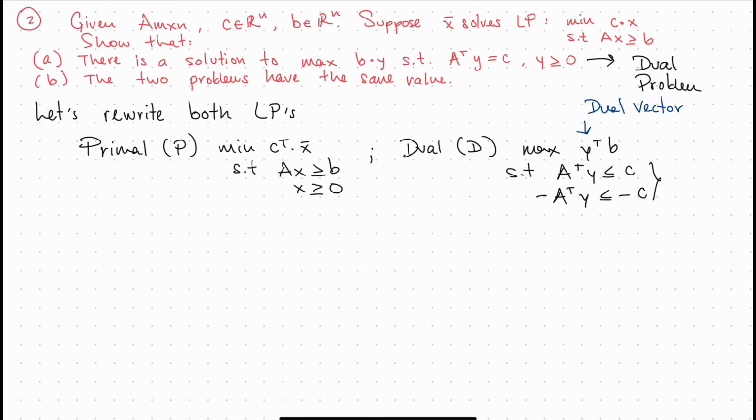This is actually A transpose y equals c, and y has to be feasible.